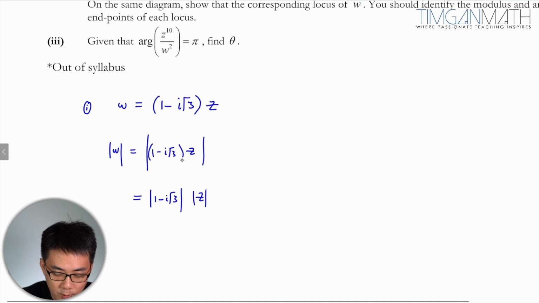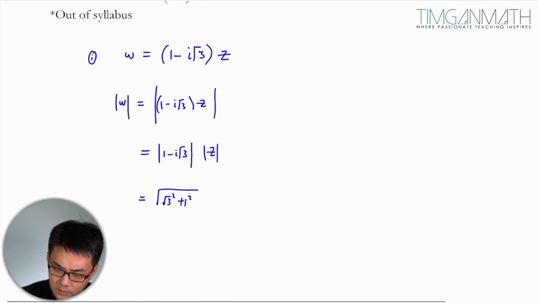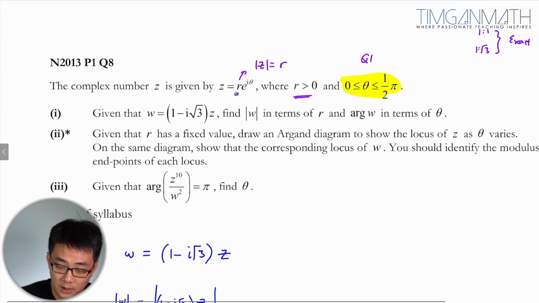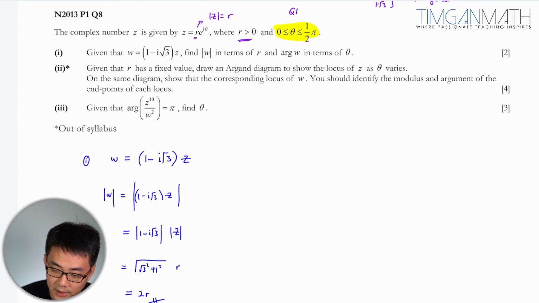When you take the modulus of both, you can just take the modulus of the first one times the modulus of the second one. The first one is quite straightforward: this is just the square root of root 3 squared plus 1 squared, which is root 4, so 2. Mod z is just r. So this is 2r. We just want to find it in terms of mod z, in terms of r. So we found this already.